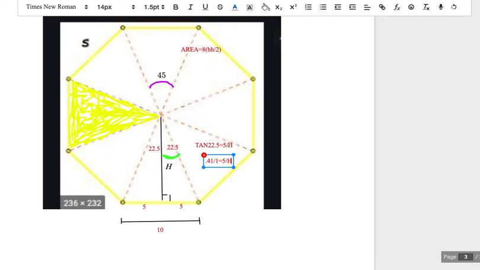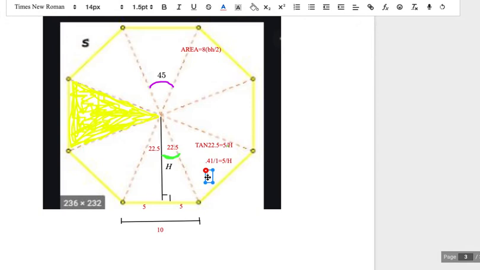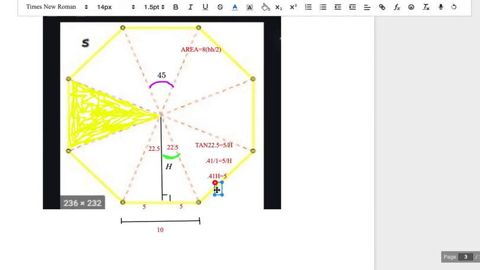I'm going to end up with 0.41h equaling 5, which means I have to divide both sides by 0.41. That's going to give me a height of, so I'm going to do 5 divided by 0.41. That's going to give me a height of 12.2.